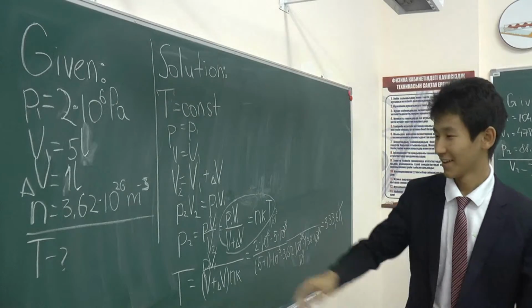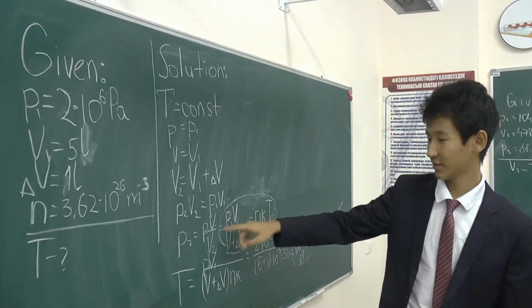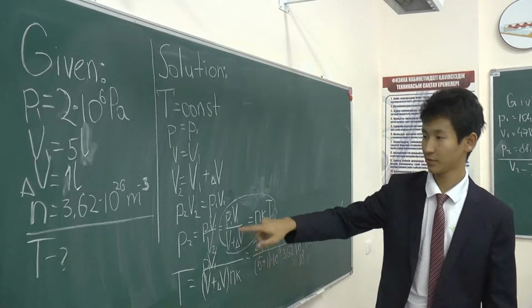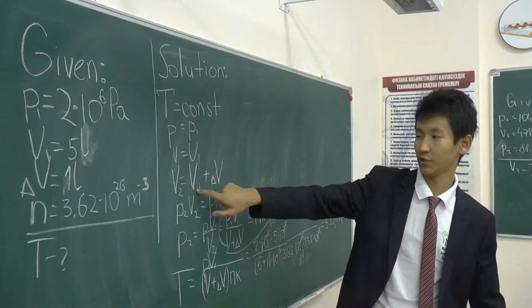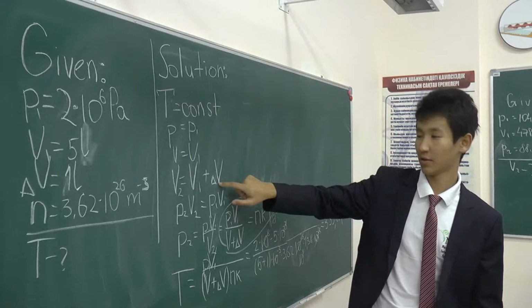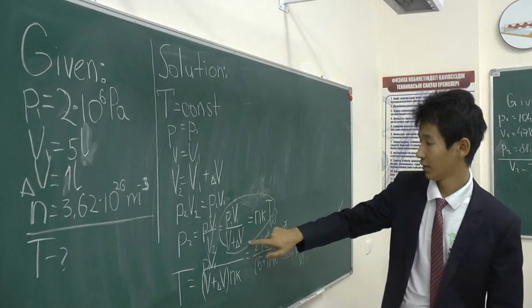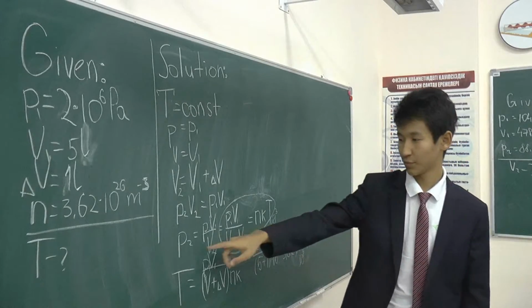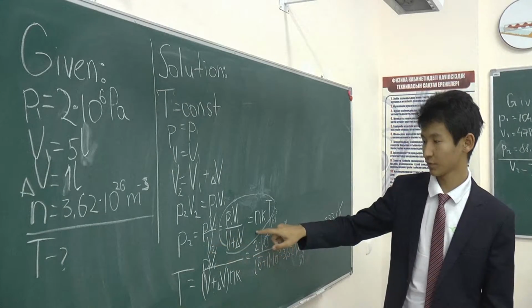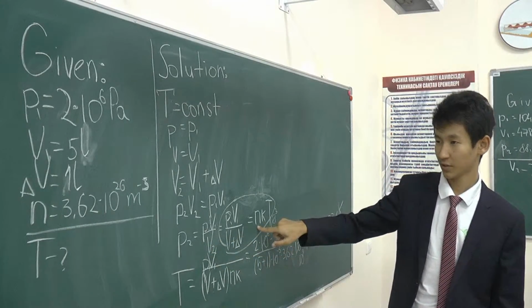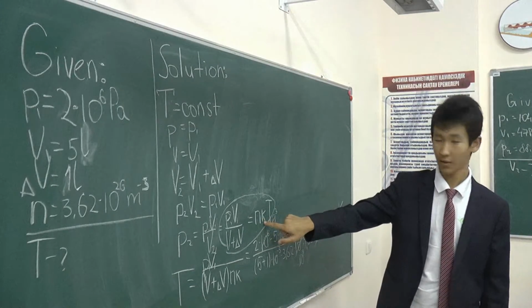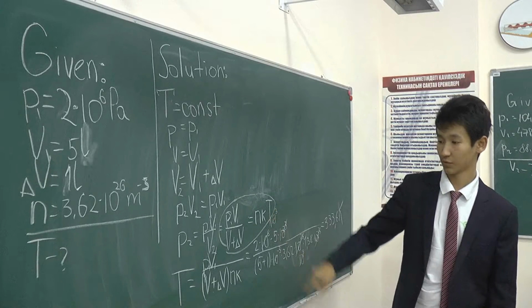So in place of final volume, we can put the sum of initial volume and change in volume. And we also know that the pressure of the gas is equal to its concentration in the final state, multiplied by Boltzmann's constant and by its temperature.